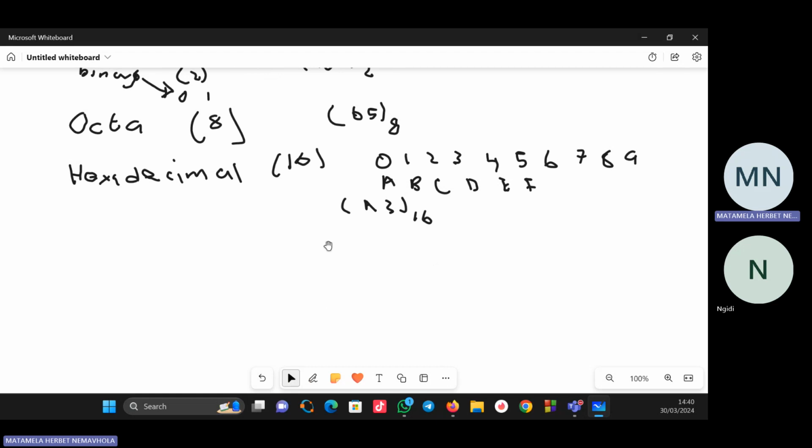When you understand those parts, you will be given something. For example, you can be given 65, and they ask you to change this 65 to decimal.